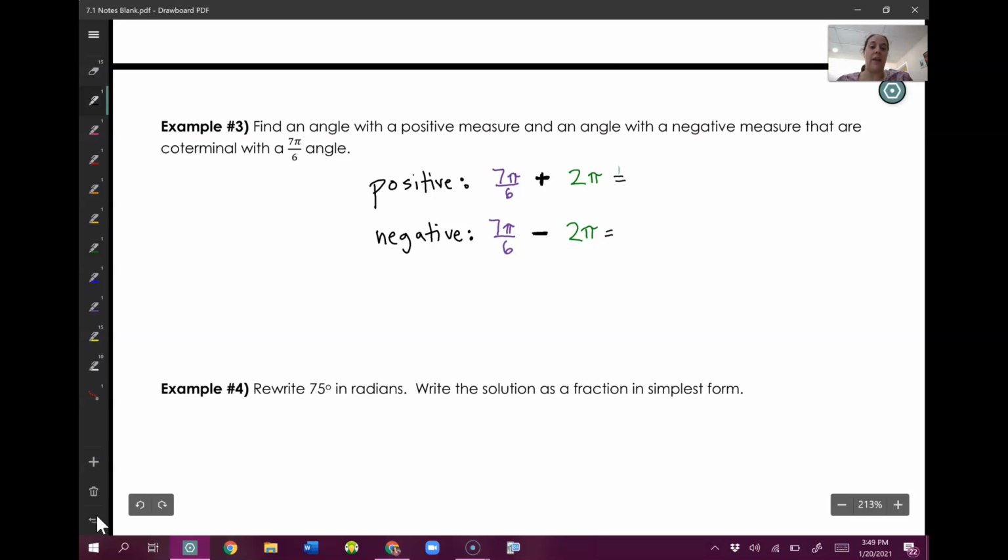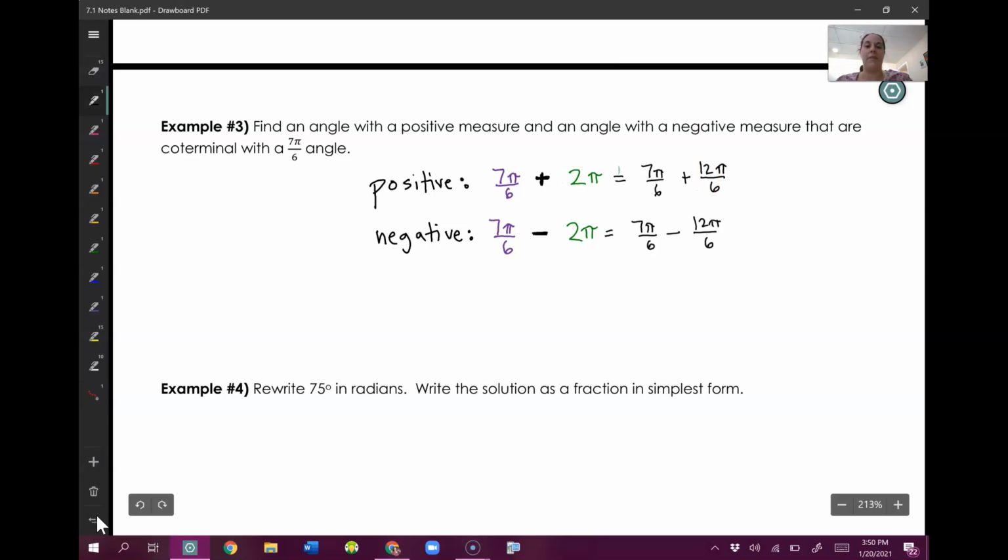So I need to add and subtract this, which does mean I'm going to need some common denominators. I need that 2 pi to be in 6. So all I'm going to do is do 2 times 6, which is 12. And if I'm unsure, I can check that. 12 divided by 6 is 2. So those are the same thing.